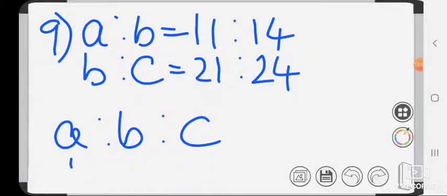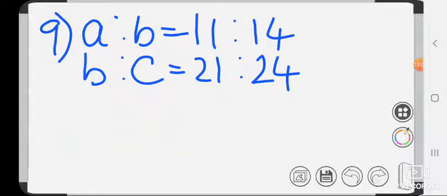For this we have to make the term B equal in both the ratios. Before that we have to see whether there is any common term among the ratios. What about the first ratio A is to B? There is no common term, so let it be in that manner. Now what about 21 is to 24? 3 is common, isn't it?